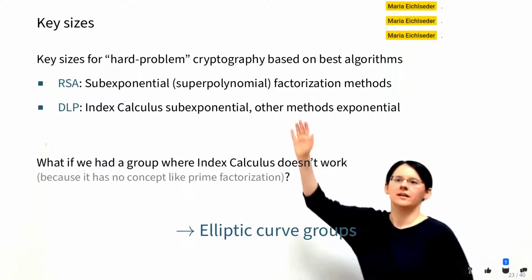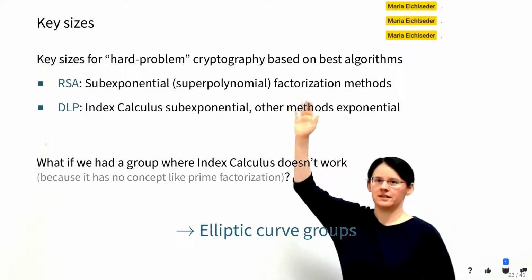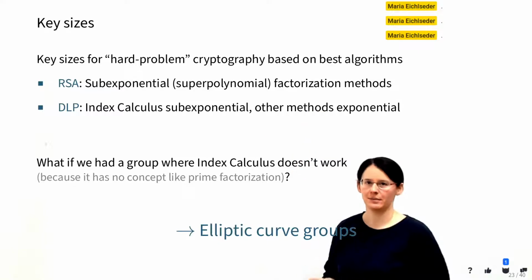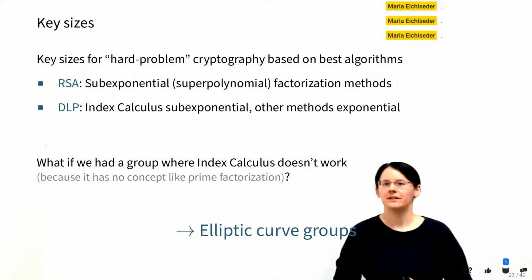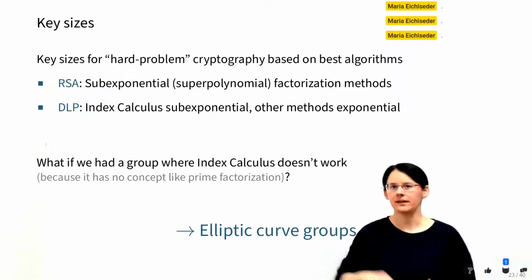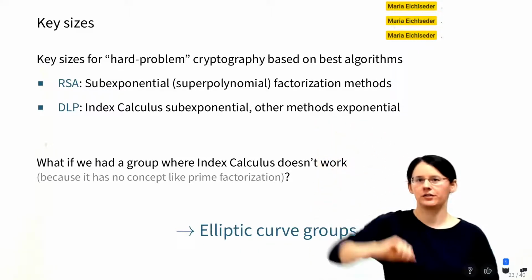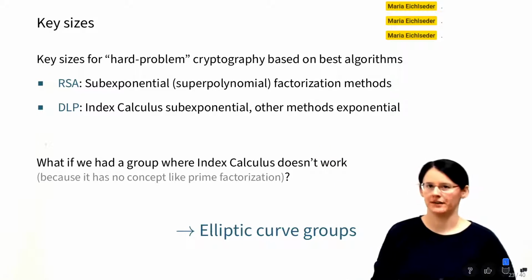We have sub-exponential factorization methods, and we have index calculus, which is a sub-exponential discrete log algorithm, but it doesn't always work. And the other methods we know for the discrete logarithm are all of exponential runtime.